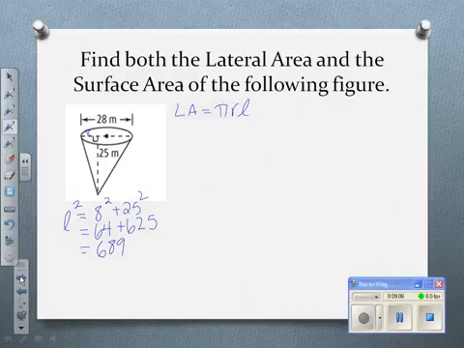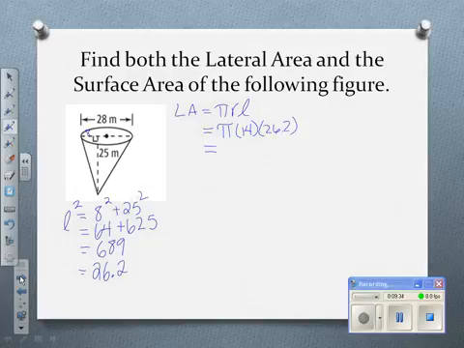And the square root of 689 is about 26.2. So now my lateral area is going to be pi times the radius, and the radius is 14 because it's half the diameter, times the slant height, which is 26.2.